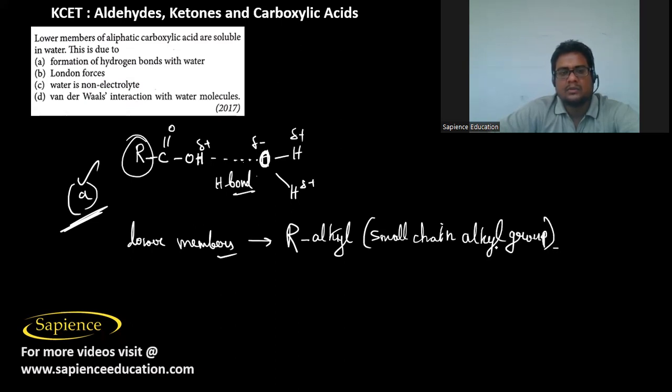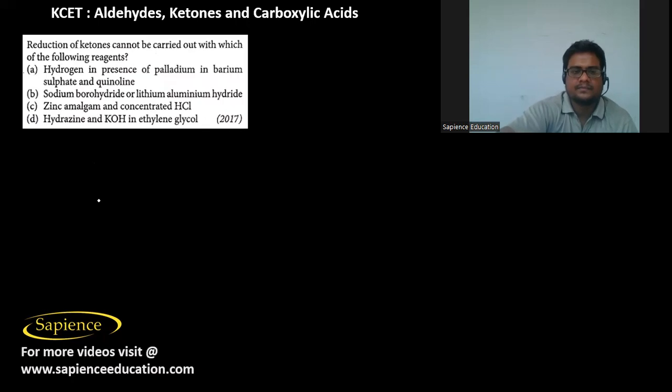Then they will be called as lower members of aliphatic carboxylic acid. So they are soluble in water due to the formation of hydrogen bonds with water. Option A is the correct answer.